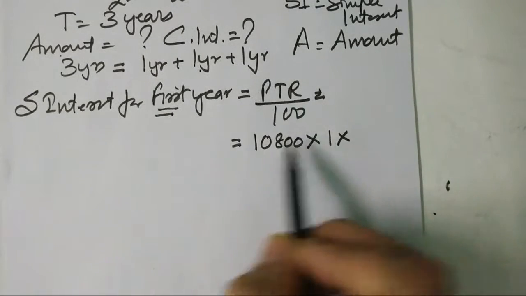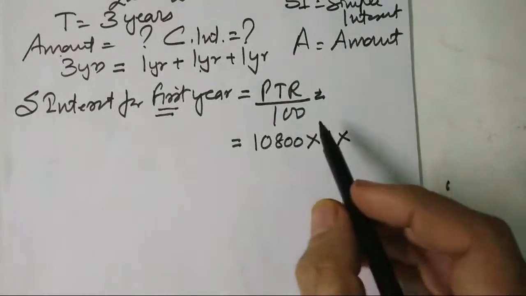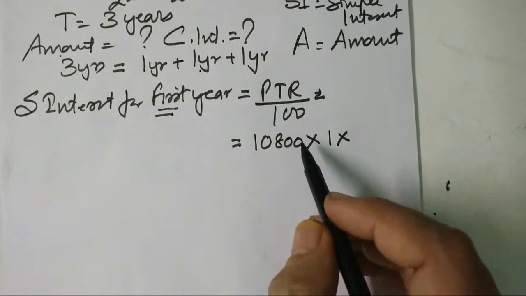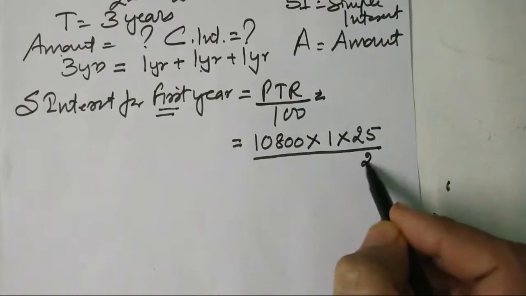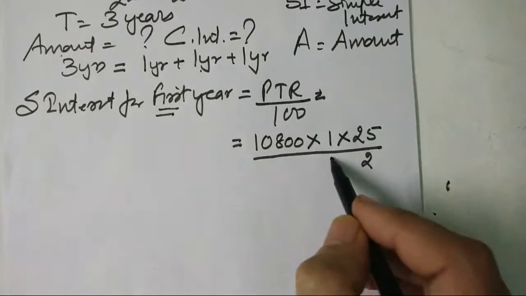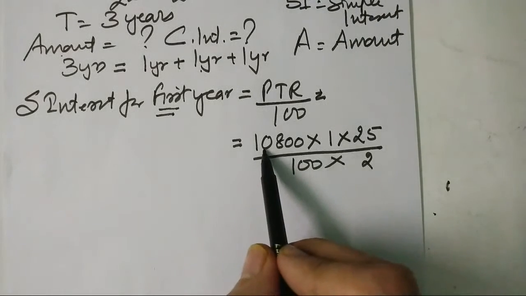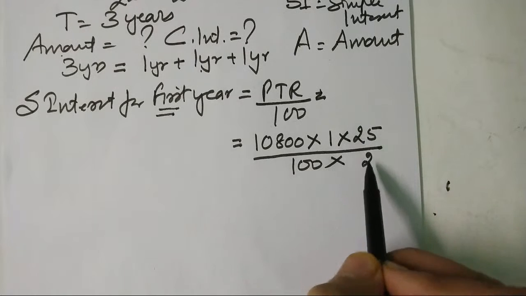Time is 1 year because I am calculating for 1 year, then again 1 year, so for each year we will use time as 1. And the rate is 25 upon 2. And this 100 will come here only. So it will become 10,800 into 1 into 25 upon 2.